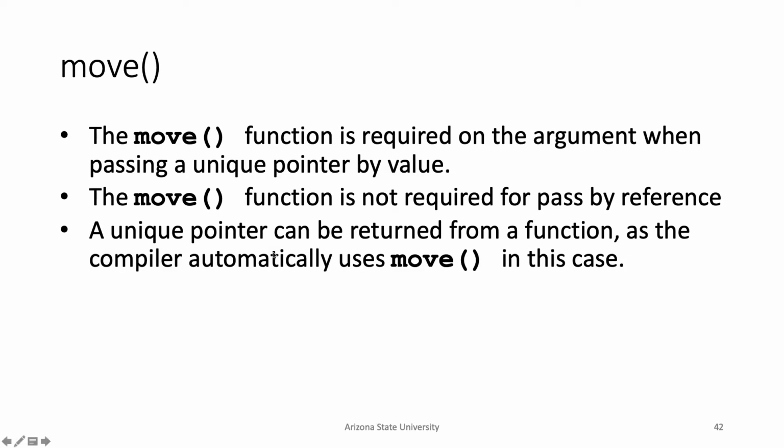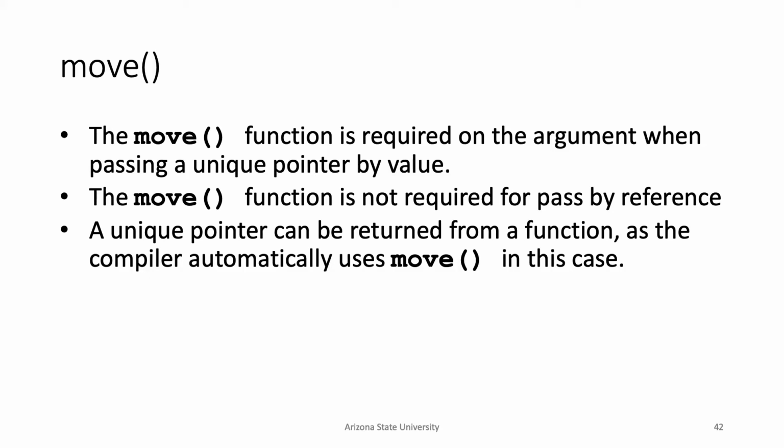Okay, so what is this move function? It's required on the argument when you want to pass a unique pointer by value, because you can't copy the ownership of a unique pointer. If you're passing the unique pointer by reference, then you're still referencing the original one. So do you need to move the ownership in that case?